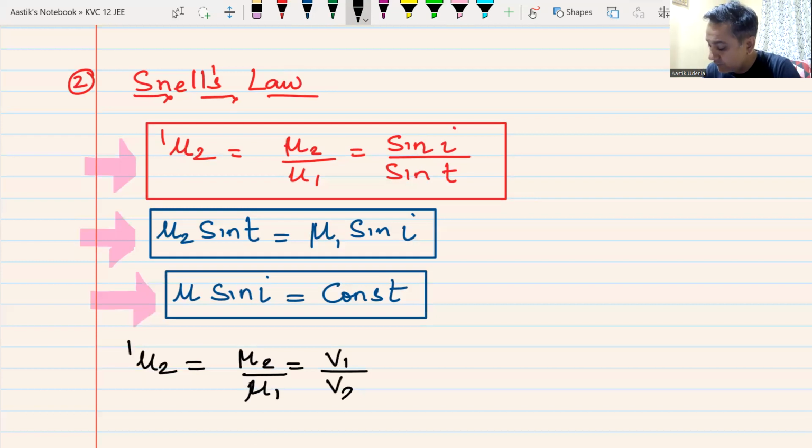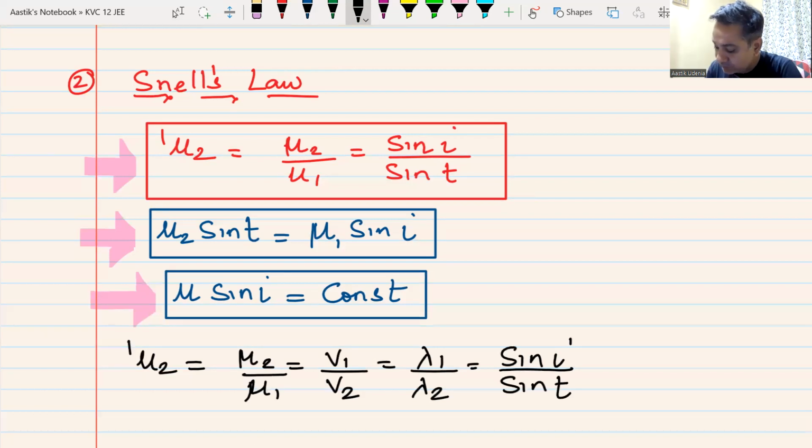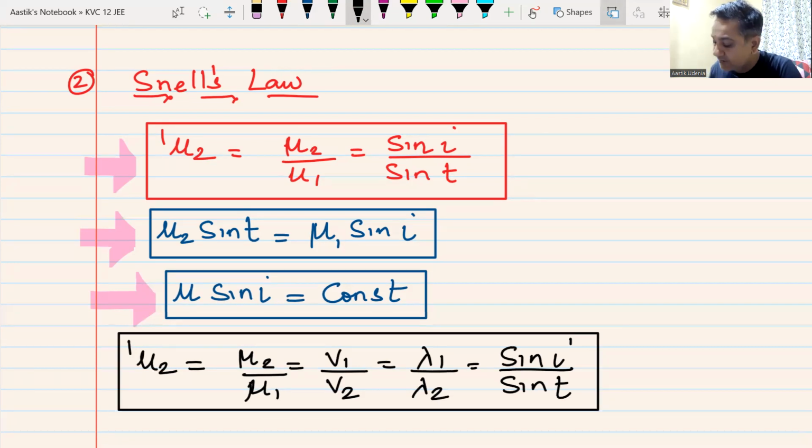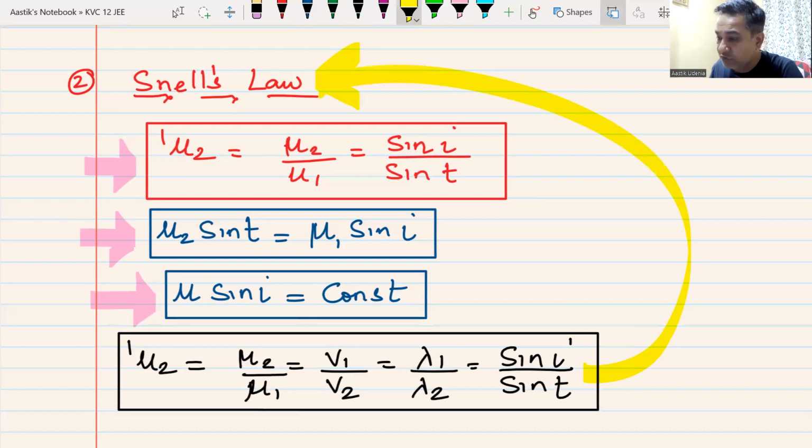Then I wrote it as lambda 1 by lambda 2. Then I wrote it as sine I by sine R. Yes or no? So basically, when I had written them like this, I had always done the same thing. I had referred to Snell's law. Do we understand this?